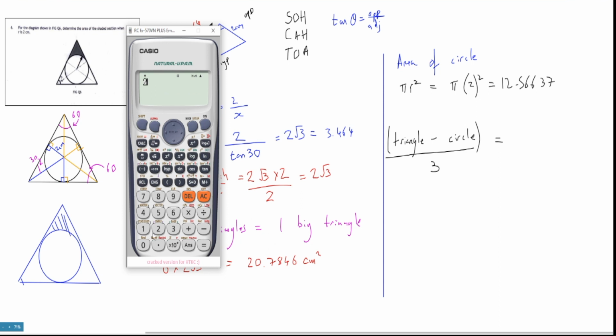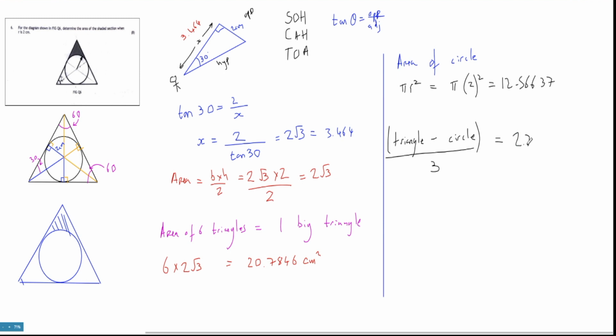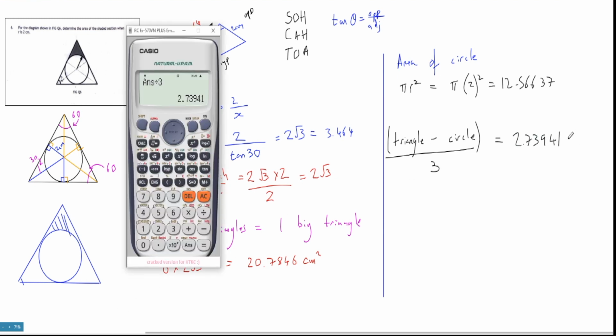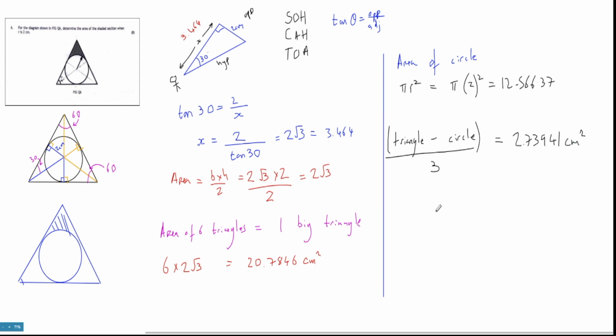So 20.7846 minus the 12.56637 equals, and then divide by 3 equals 2.73941. Yes, centimeters squared. I think that's right. Cool. On to the next one. That's a really difficult one.